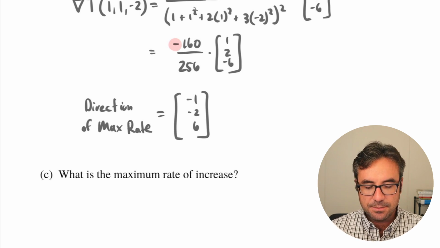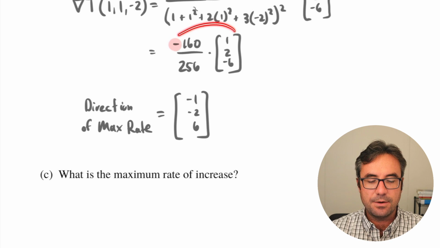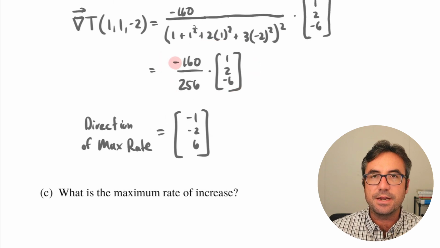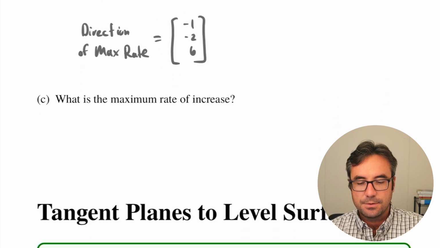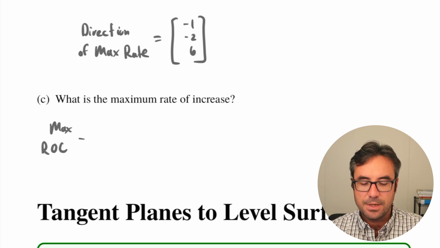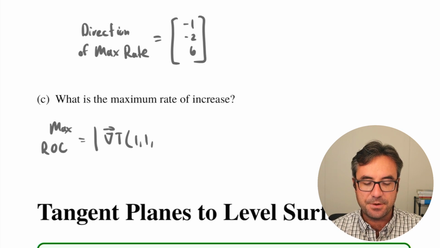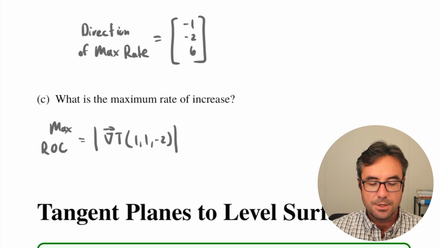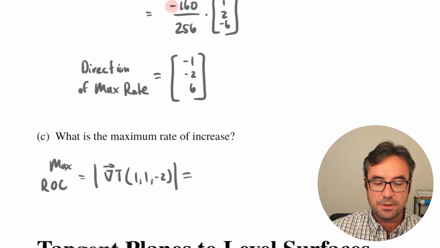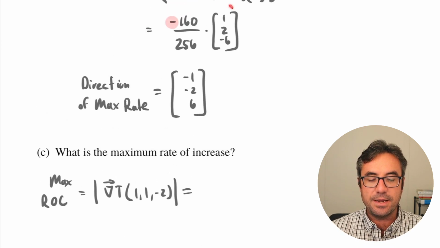And then for the third part, what is the maximum rate of increase? Well, the maximum rate of increase of our function, we need to get the length of our gradient vector. So the max rate of change is equal to the length of our gradient vector at this specific point. So we want to calculate the length of our gradient.